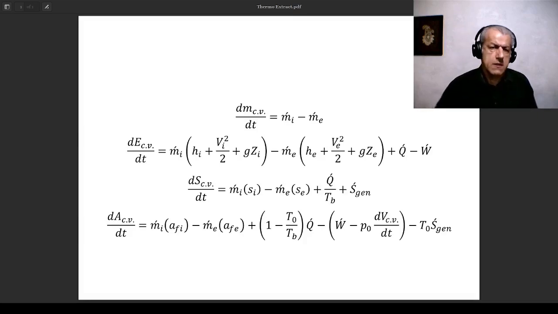Well, we did find properties as much as we could. Now, what we need to do is to simplify equations before we could do any calculations for the pump, boiler, turbine, or condenser.